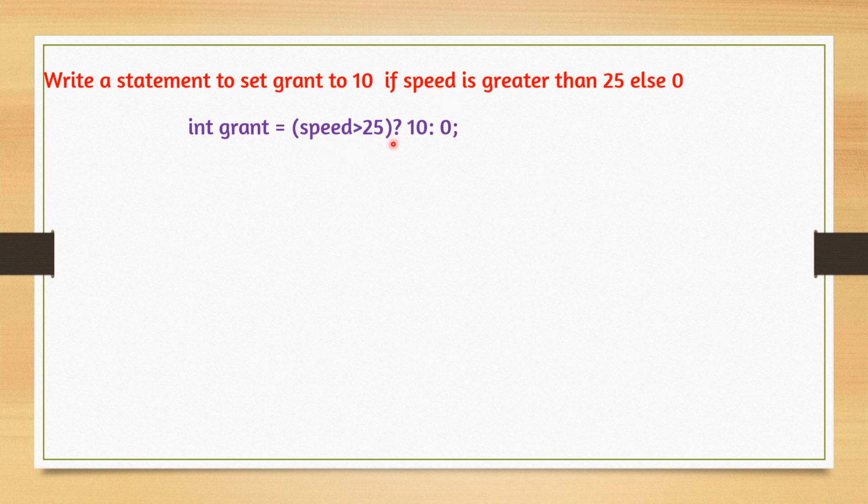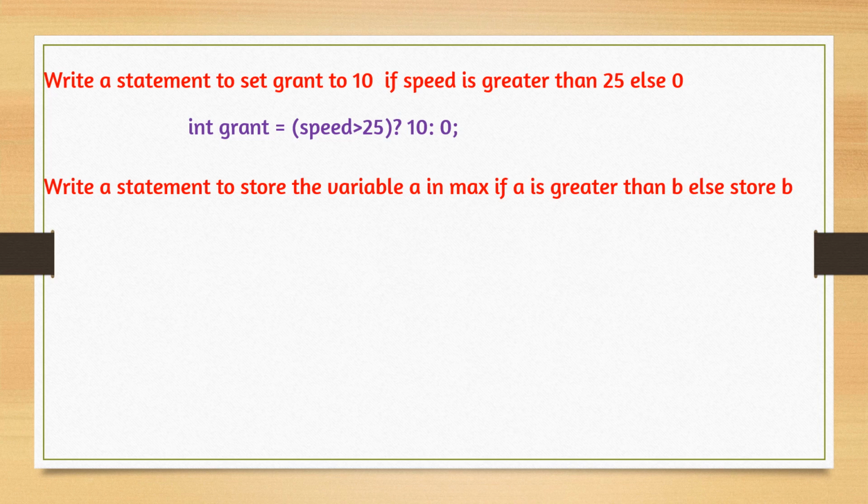If the condition is true, set grand to 10, and if the condition is false, 0. So like this, we should know how to write the statement. Here, if speed is greater than 25, 10 will go to grand, otherwise 0 will go to grand.